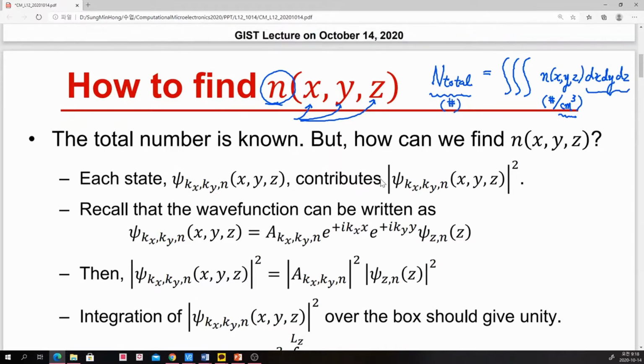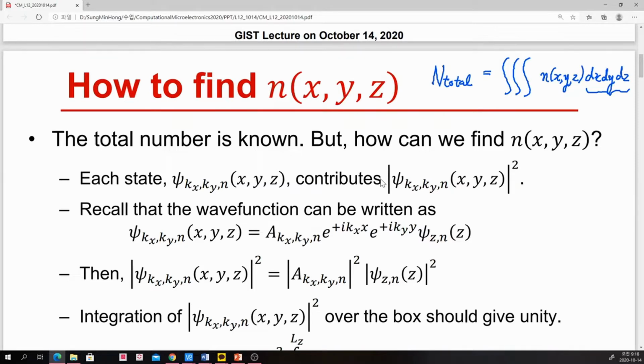Okay, so N total itself is quite much related with the electron density N, but that does not necessarily mean that when you know N total, you have full knowledge of the electron density. So today we will talk about how we can solve this problem. How can we calculate the electron density from given information about our solver structure?